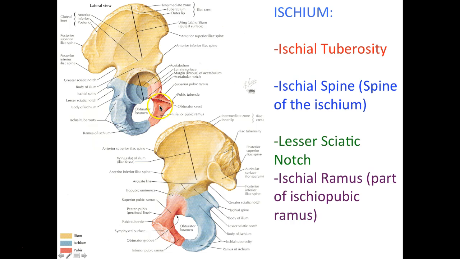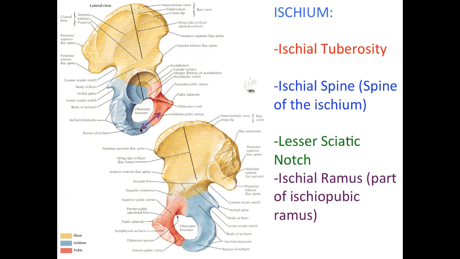And when they come together, this entire thing is known as the ischiopubic ramus. If I have a mark here, more on the ischial side, you would identify this as being the ischial ramus, because this is the ischial part of the branch of the ischiopubic ramus. So there's your ischial ramus.